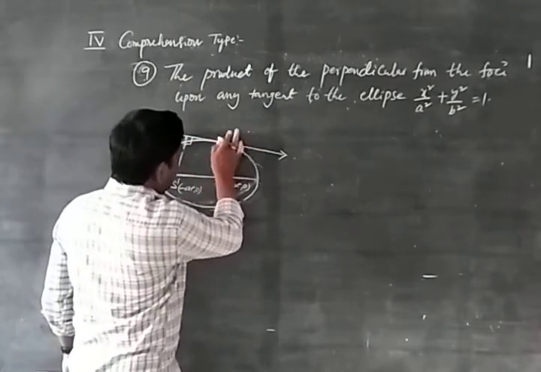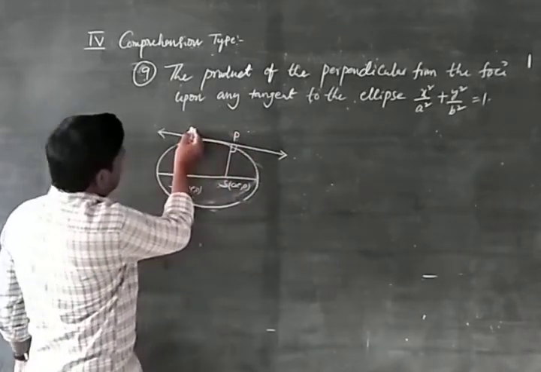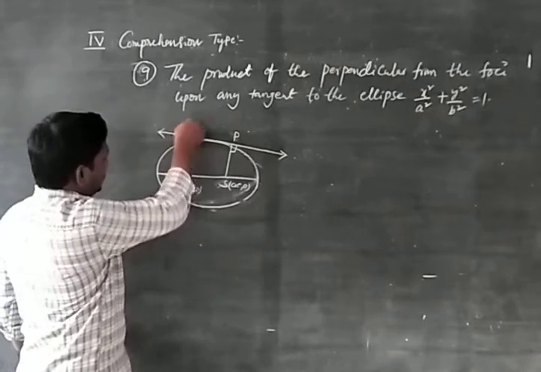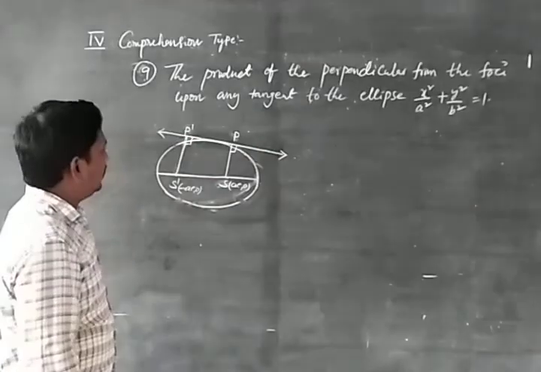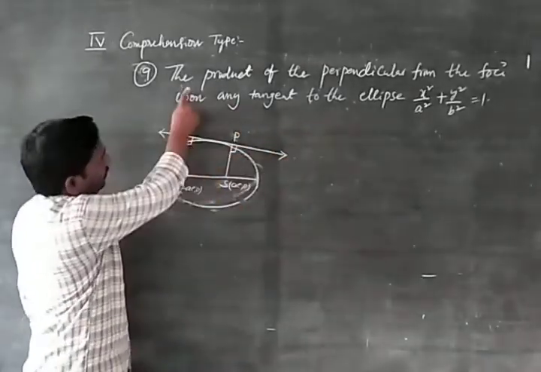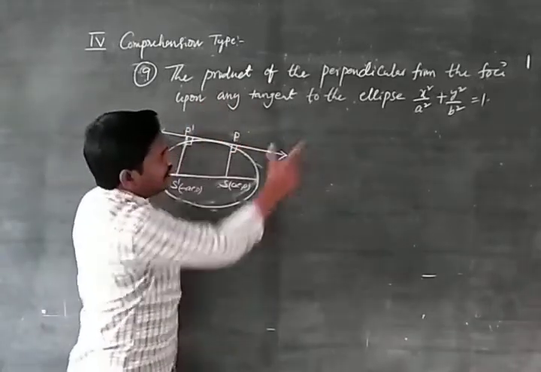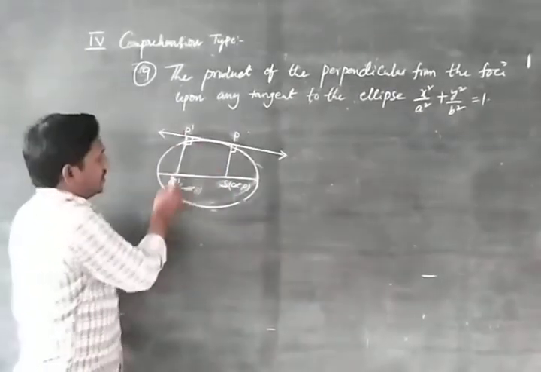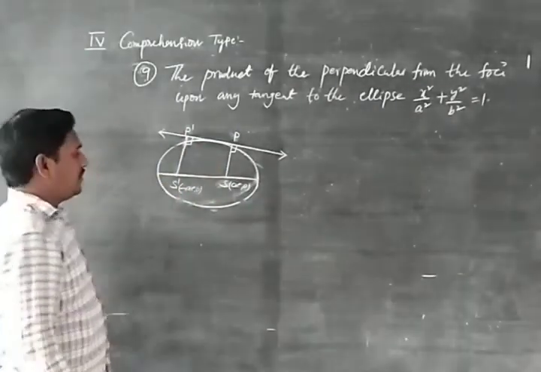This is P, this is P dash. The product of the perpendiculars from the foci upon any tangent. So this is the diagram.